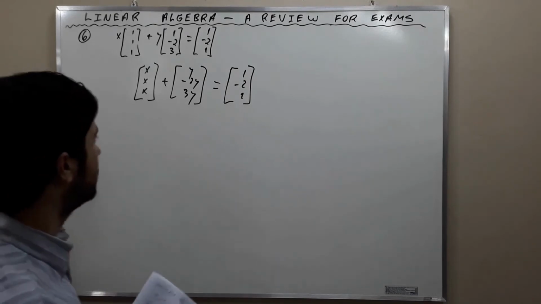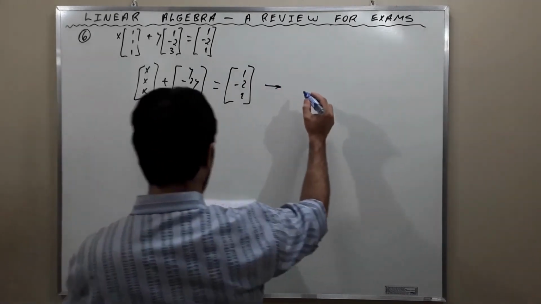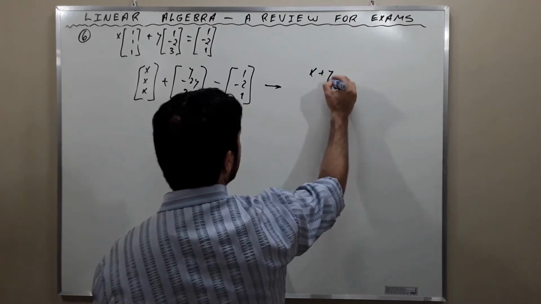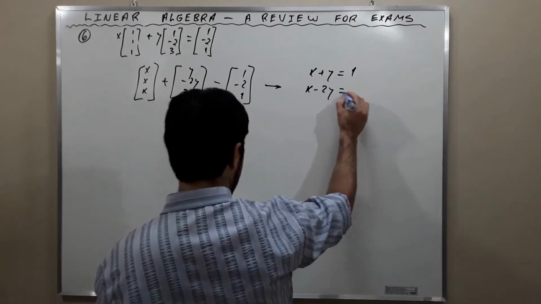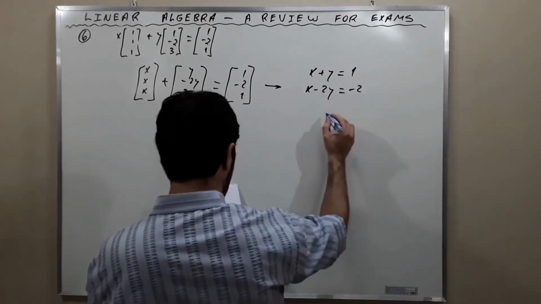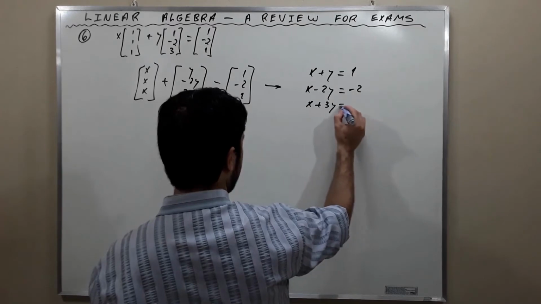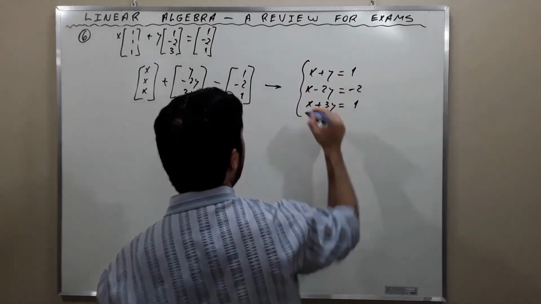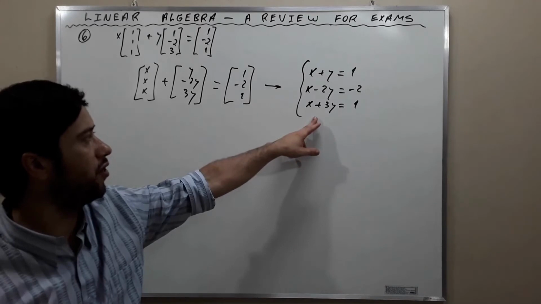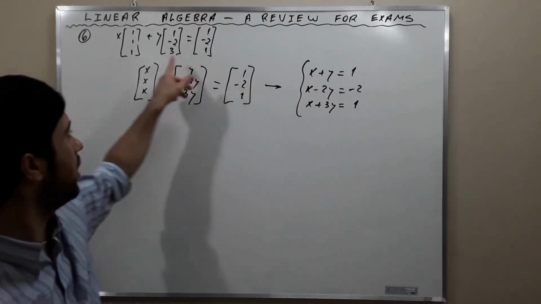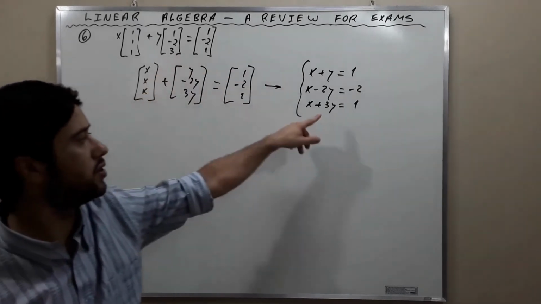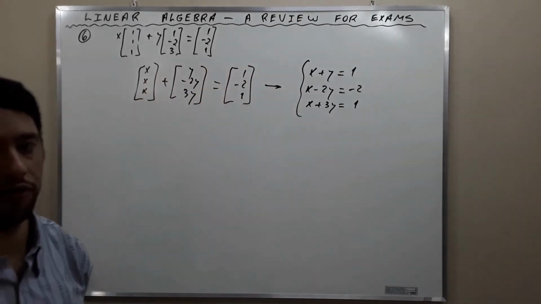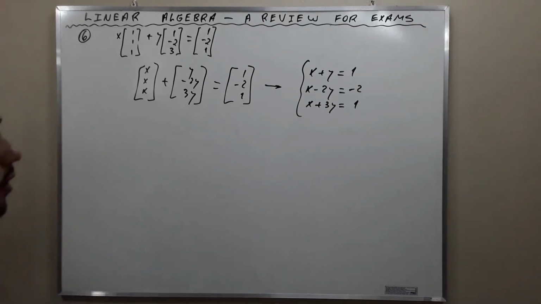And then you can simply write that x plus y equal to 1, x minus 2y equal to negative 2, x plus 3y is equal to 1. Okay, so this is the system of linear equations that comes from this vector equation. They are similar and they represent the same process, or if you prefer, the same transformation, the same system.